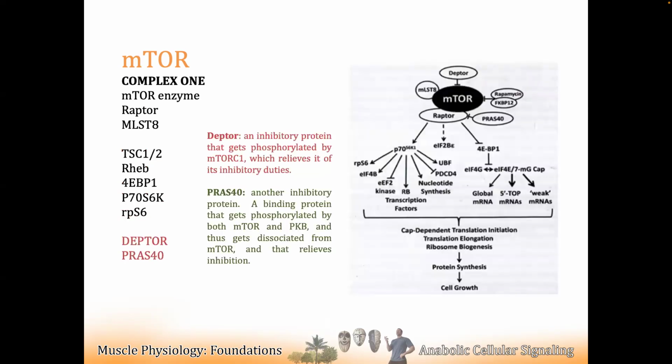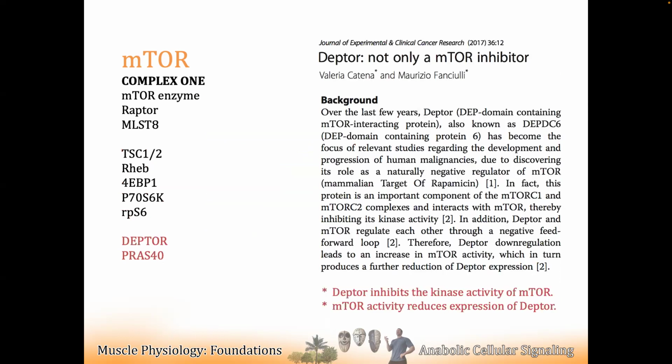Okay, moving on from the immediate upstream and downstream proteins, there are a couple of core proteins, Deptor and Pras40, that are negative regulators of mTOR. And PKB and mTOR get these things phosphorylated, which relieves their inhibition. Deptor is interesting, way more than Pras40. So Deptor and mTOR, these are like quarreling siblings. They play this reciprocal regulation role.